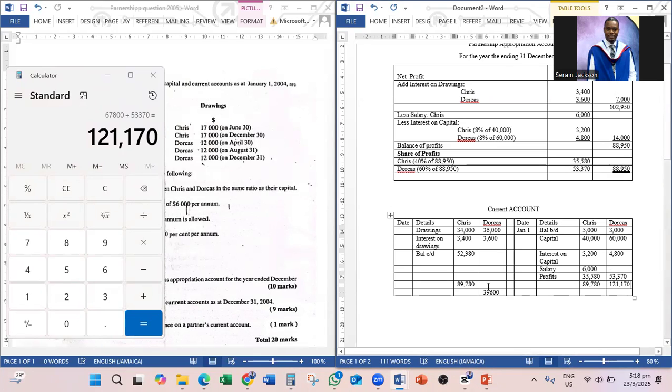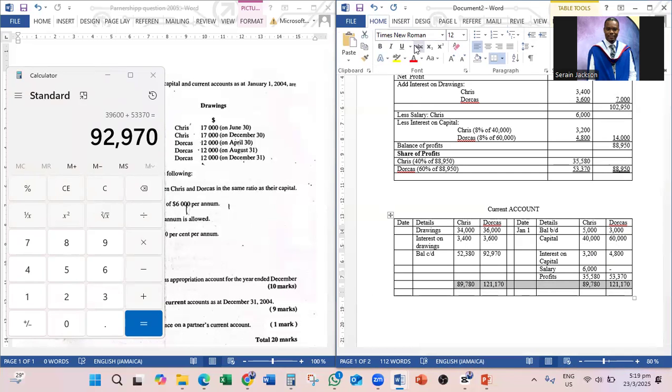So we know the balance carried down again is going to be on the debit side, so we subtract 39,600 to get 92,970. Both sides are now equal, 121,170.